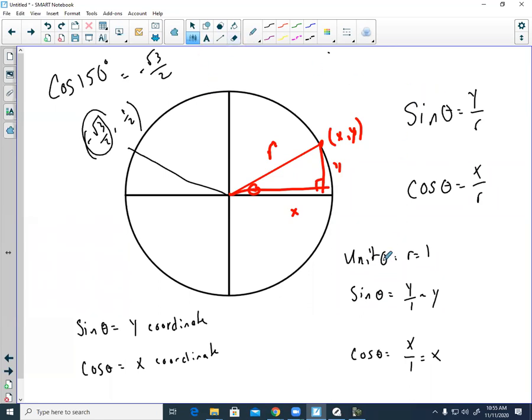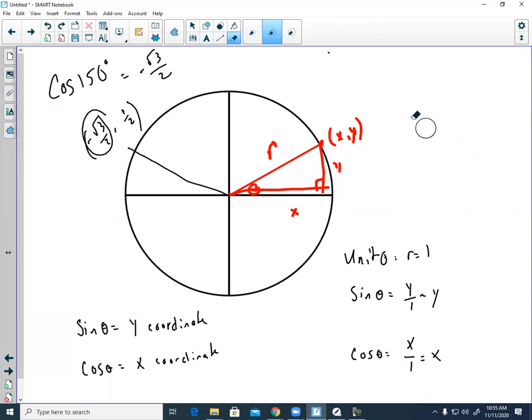If I ask you to solve the cosine of, or the sine of, negative pi over 4. So if I ask you to solve the cosine of negative pi over 4, one big thing that you have to notice right now is that your unit circle does not give negative values.